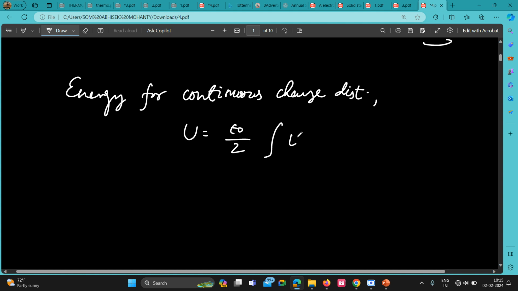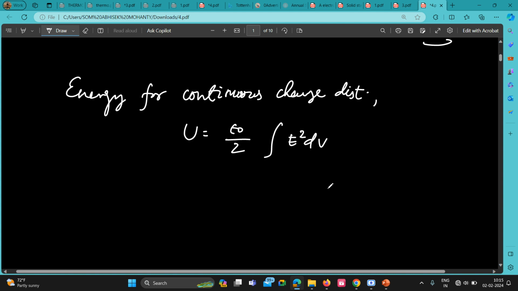Energy for continuous charge distribution: U is equal to epsilon naught by 2 integral of E square dV.